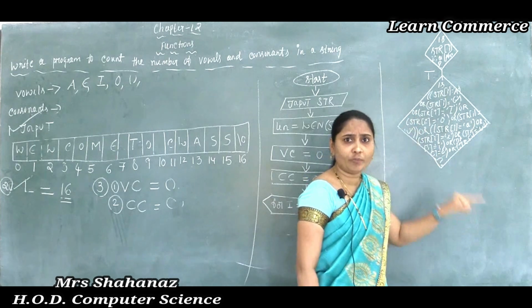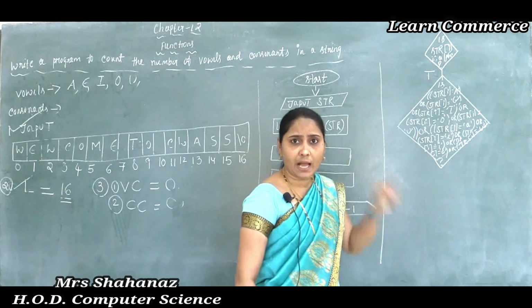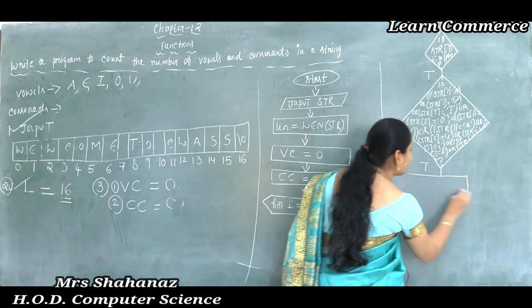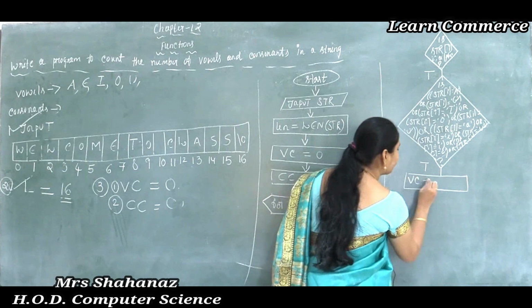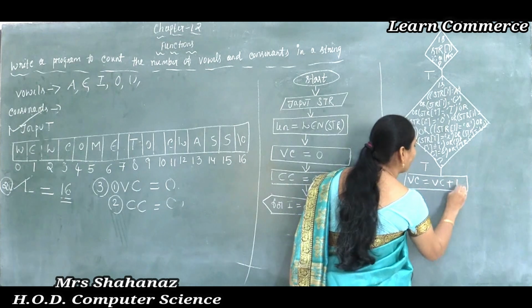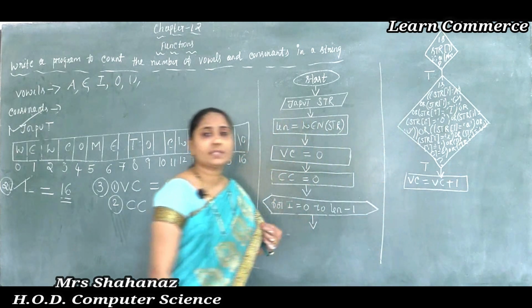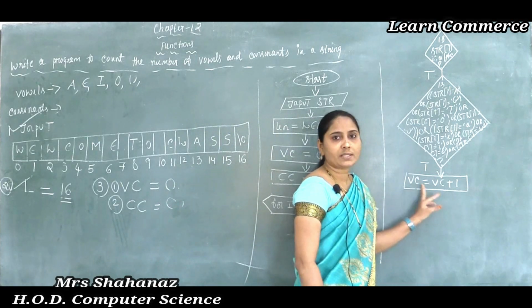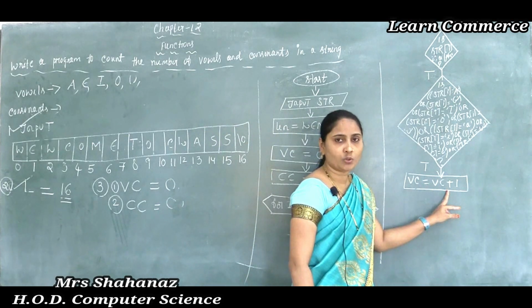If it matches, then VC is equal to VC plus 1. That is, vowels count is equal to vowels count plus 1.